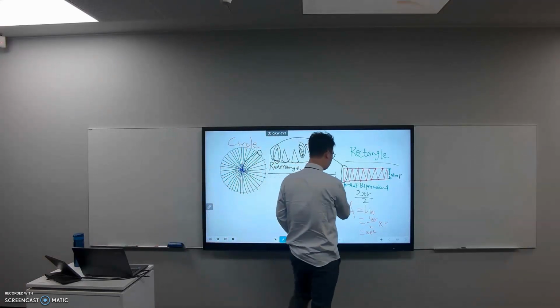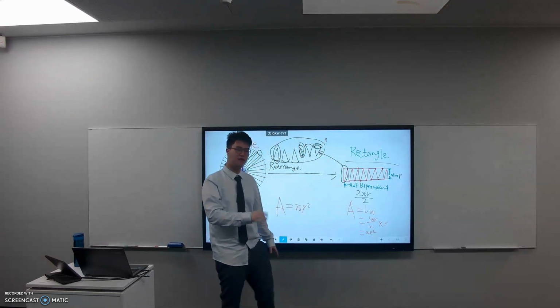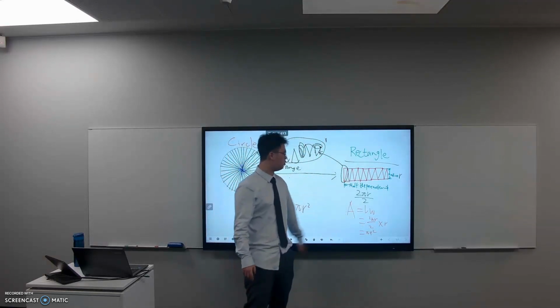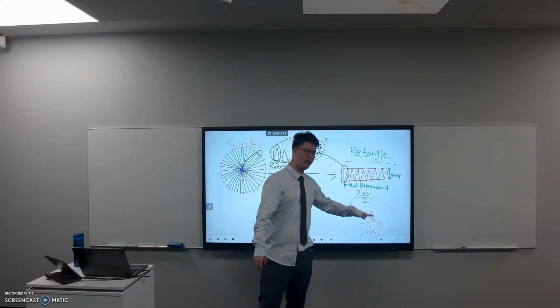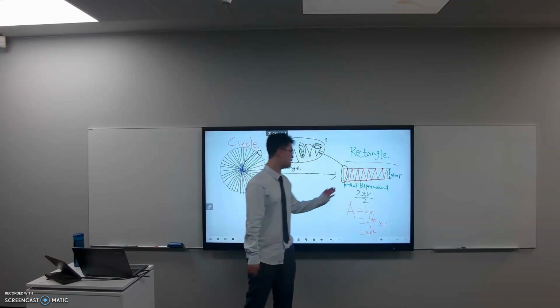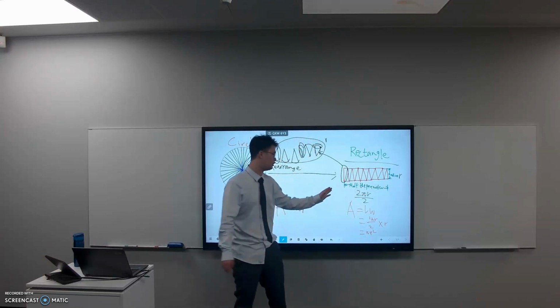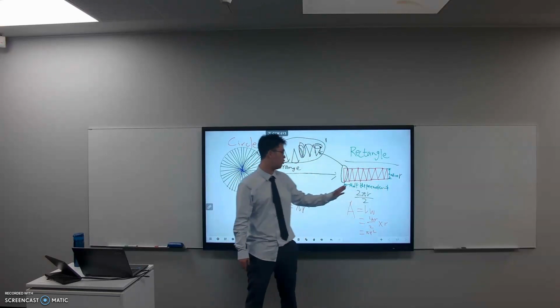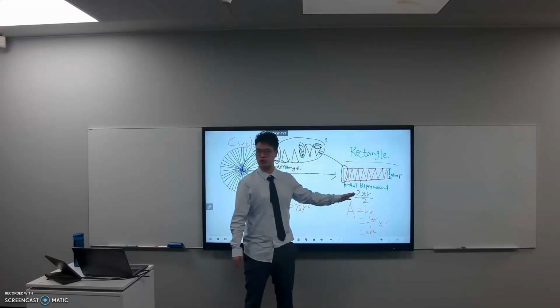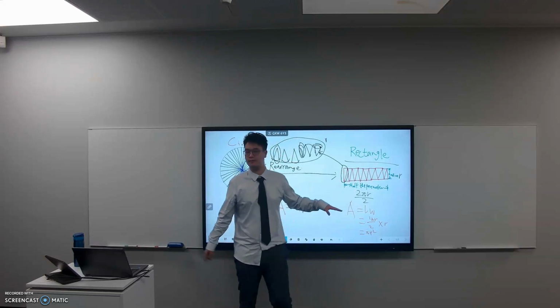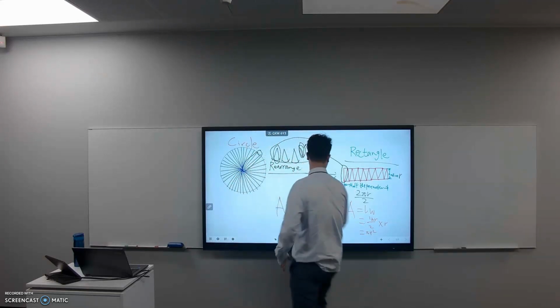So what's the area formula of a rectangle? It's area equals length times width, isn't it? And what's the length of this transformed rectangle? It's half of the circumference or perimeter of the circle.